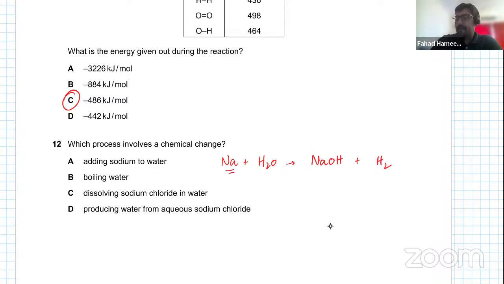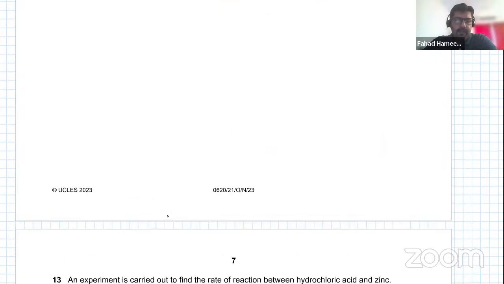Sodium would float and fizz on the surface of the water because it has a very low density. It might catch fire, it might melt, and you'll see effervescence of H2 gas. The rest are not. This is dissolving, this is distillation. You're just separating substances, so they're all physical changes.